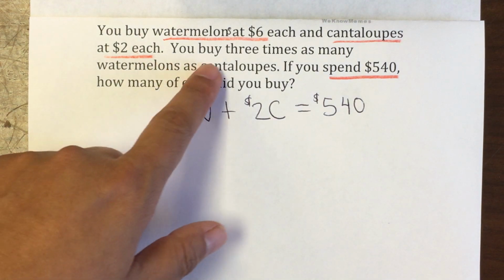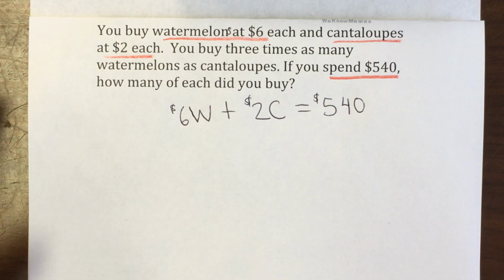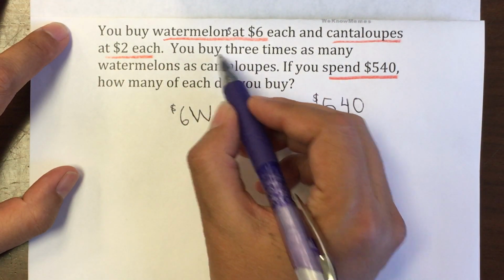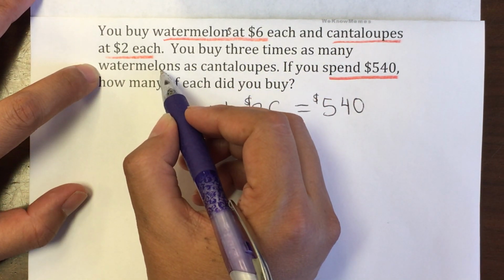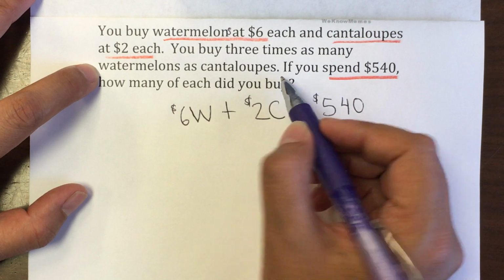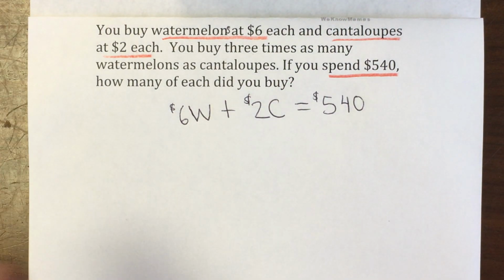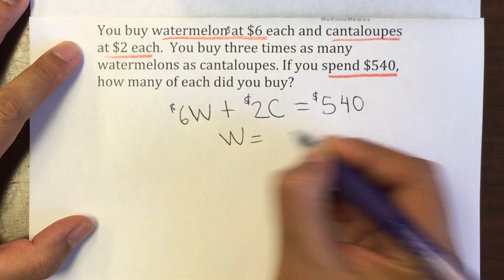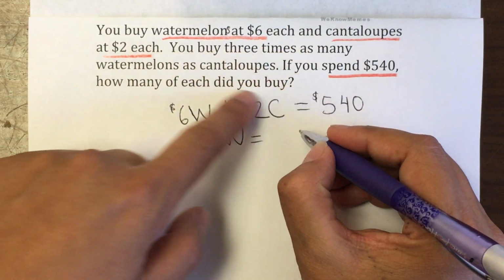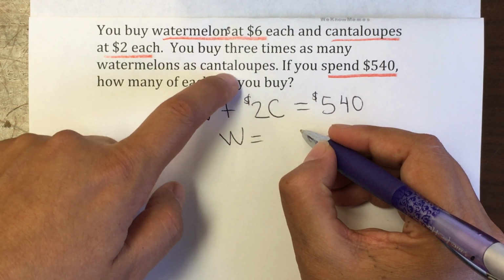The other one is a comparison, and it says you buy 3 times as many watermelons as cantaloupes. Again, you're comparing and you're saying that you're buying more watermelons, so you need to multiply your cantaloupes by 3 to know how many watermelons you're buying. Okay, 3 times as many watermelons as cantaloupes.